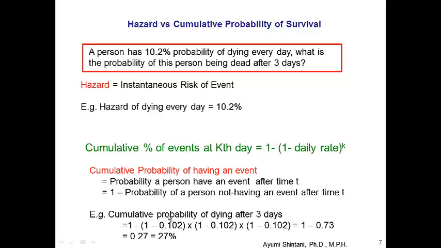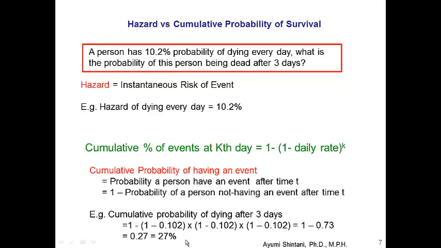And so in order for this person to survive to the end of day 3, this person has to survive each day. So you multiply 0.898 3 times. Okay? So this part, which is 73%, is the probability this person survives to the end of day 3. And 1 minus that provides the probability of this person being dead after 3 days, which is 27%.